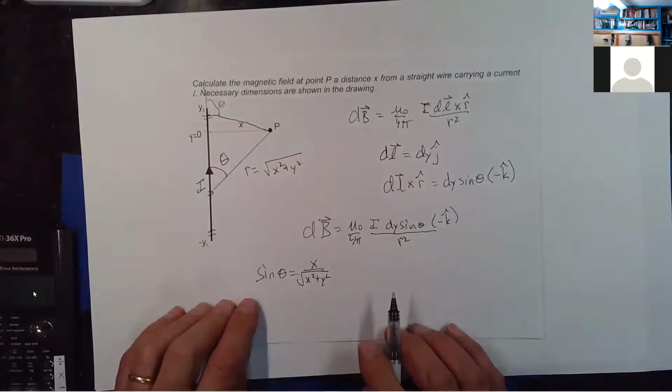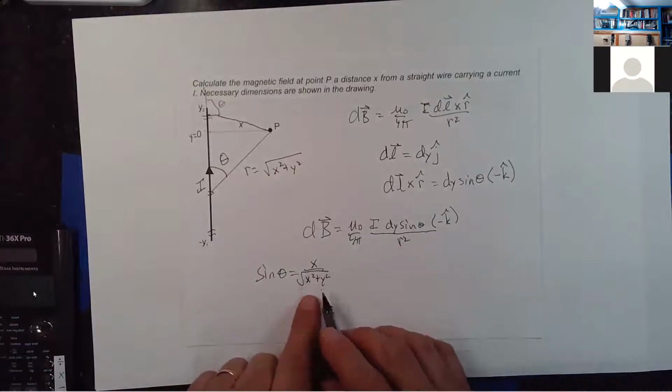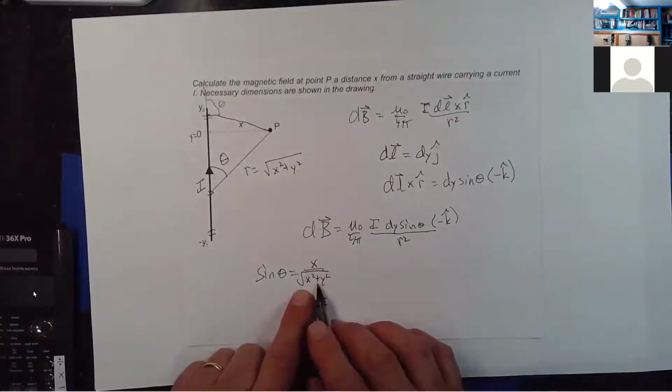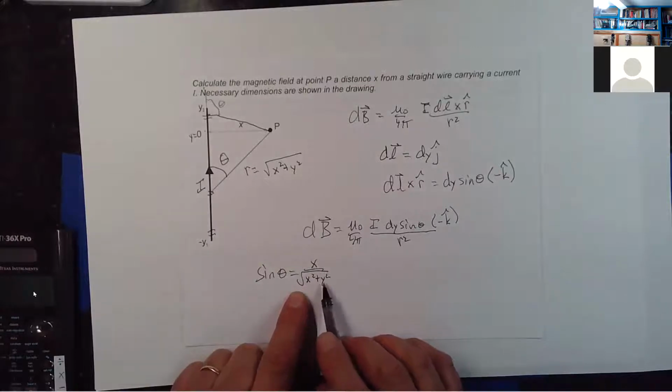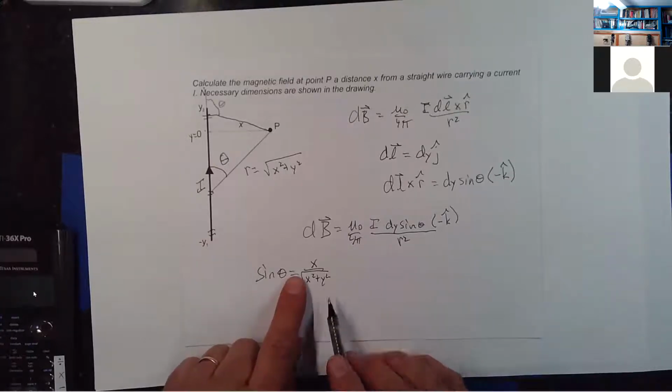Okay, well, got the sine theta there. You could think of it that way, or r squared is just plain x squared plus y squared.